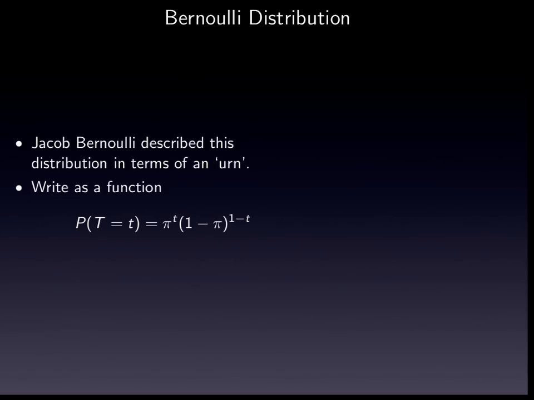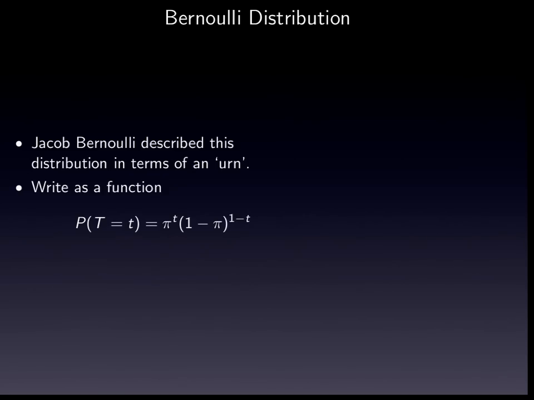1. So if t is 1, then this pi to the 1 is pi. This term, which is 1 minus t, will be what if t is 1? 1. Yeah? So it's pi to the t times 1 minus pi to the 1 minus t.